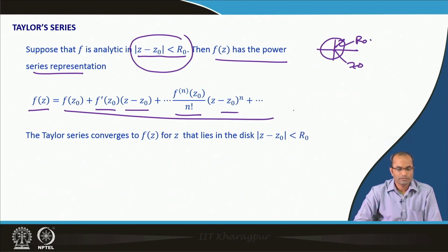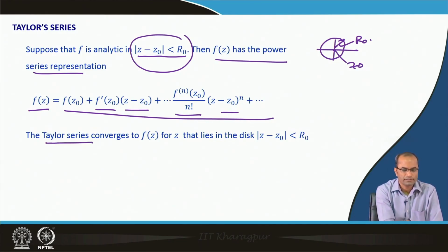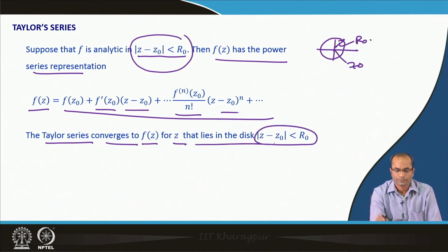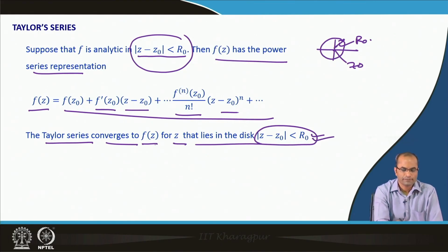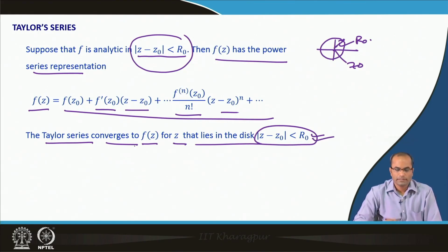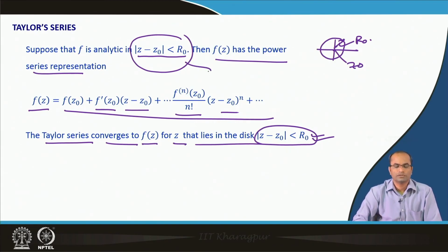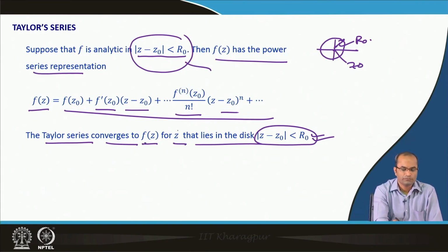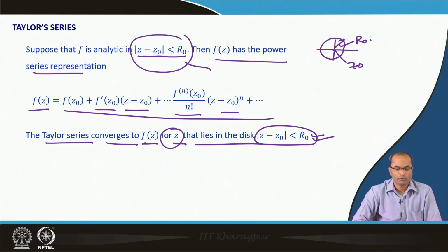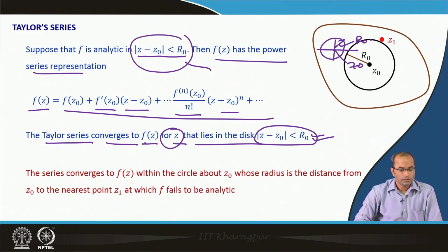And we have also discussed that the Taylor series converges to f(z) for z that lies in this disk. So, |z - z0| < r0: if f(z) is analytic in this disk, then the series will converge to f(z) for any z that lies in this disk.